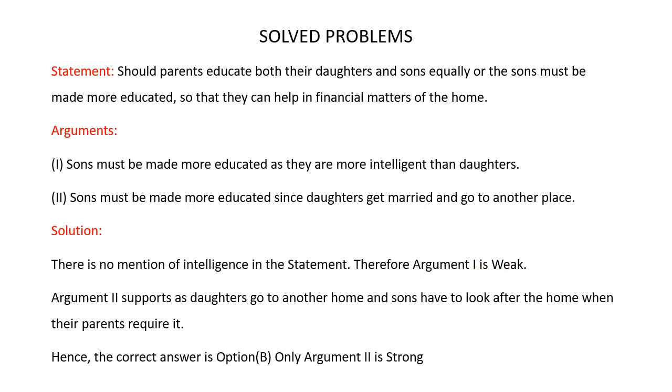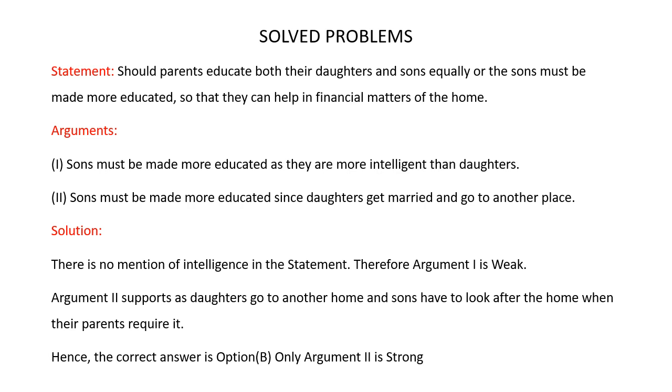Now, let's look at the second argument. Sons must be made more educated since daughters get married and go to another place. So, according to the second argument, the daughters get married and go to another home, whereas the sons have to look after the home when their parents require it.